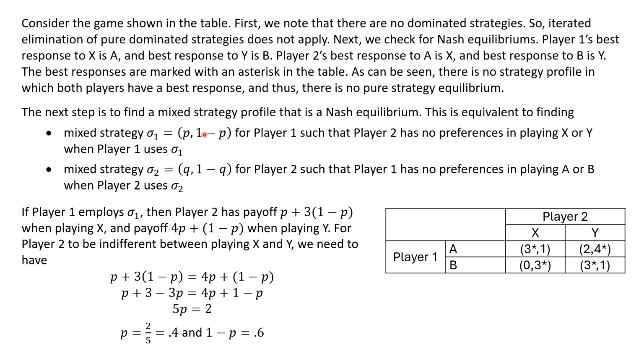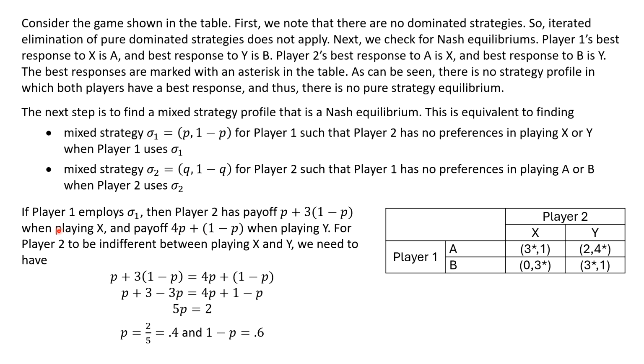And we want to make this probability such that player 2 has no preference in playing X or Y. There are two strategies when player 1 plays the mixed strategy sigma sub 1. And then we do the same thing for player 2. We just use Q instead of P. So unlike the other examples, the probabilities could be different for the two mixed strategies. And in fact, they are. You'll see when we compute them.